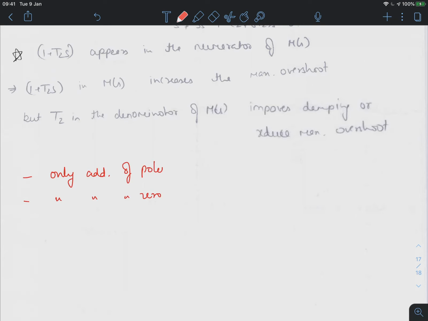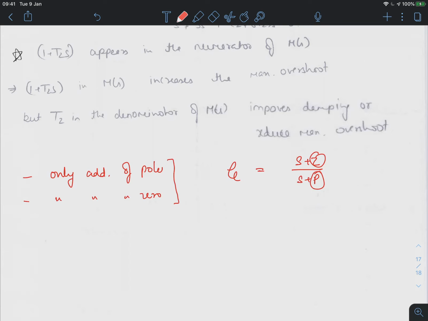Okay, now in the controller, let's say I design some controller C which contains both poles and zeros. We had seen that for only addition of poles and only addition of a zero, the effects on the transient specifications are quite opposite. So now it would depend on the location of the zero and the location of the pole, which will dominate in the overall response of the closed loop system.